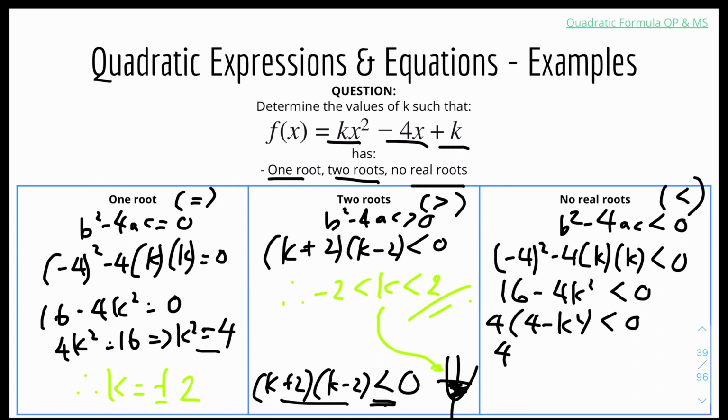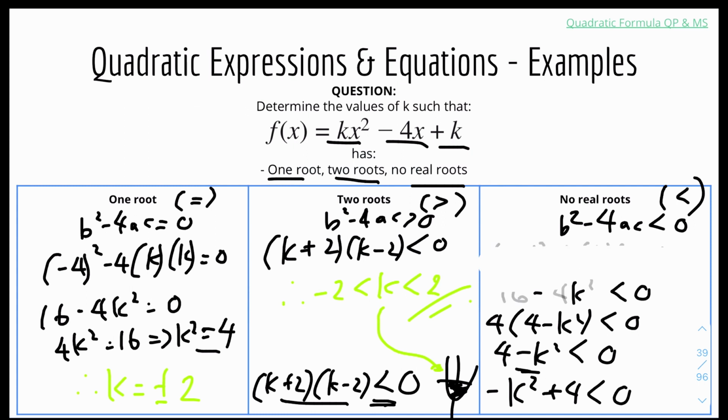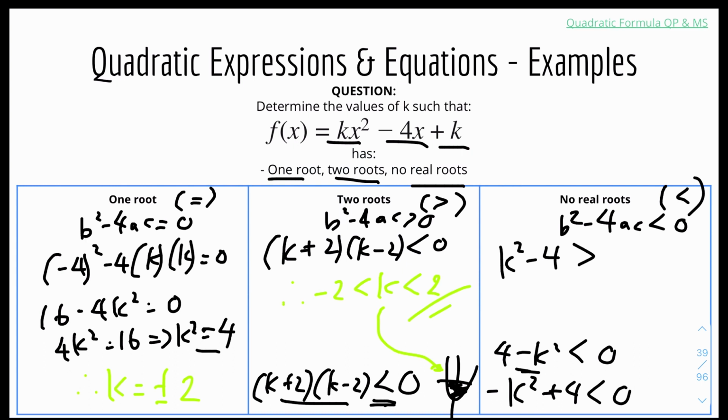And I prefer to keep the k squared as a positive sign. So instead of this plus 4, I'm going to times everything by a negative so that the minus k squared becomes a positive. So it will be k squared minus 4 bigger than 0. So you can see how they relate, this and this.